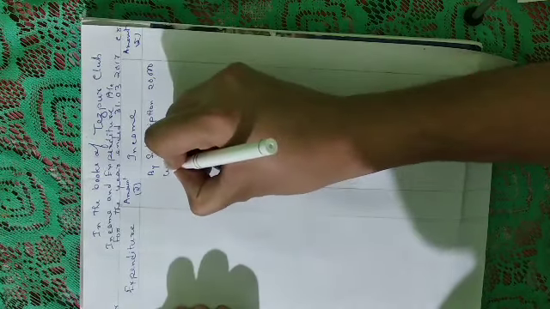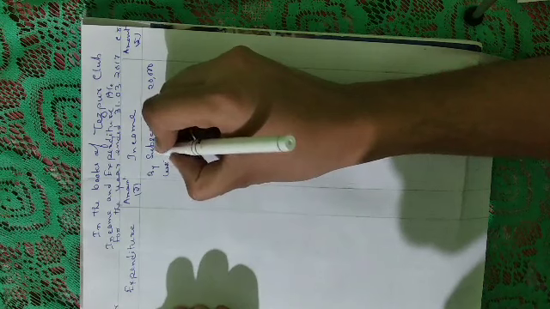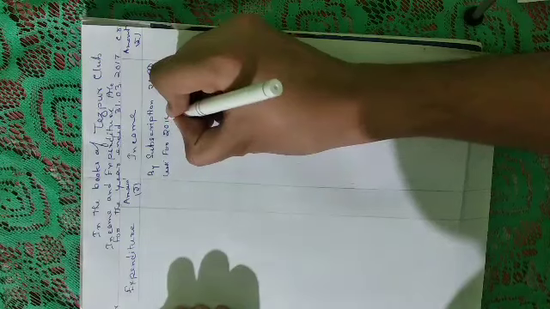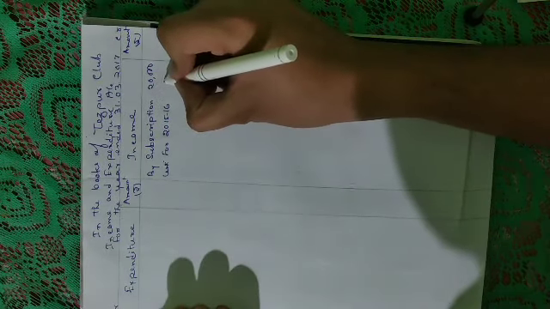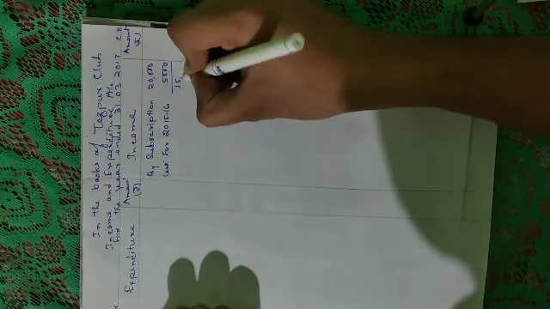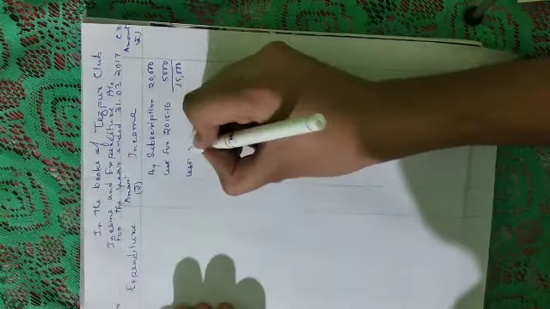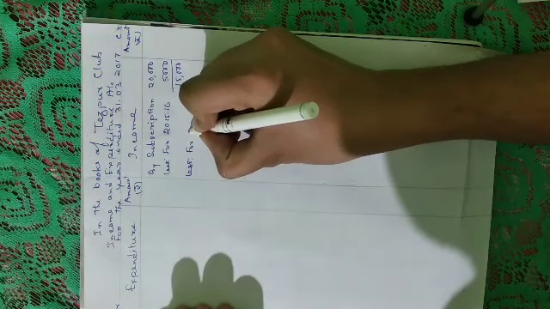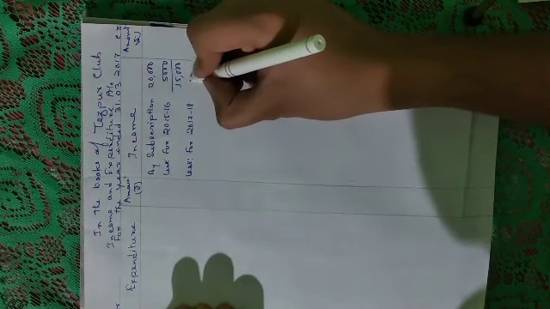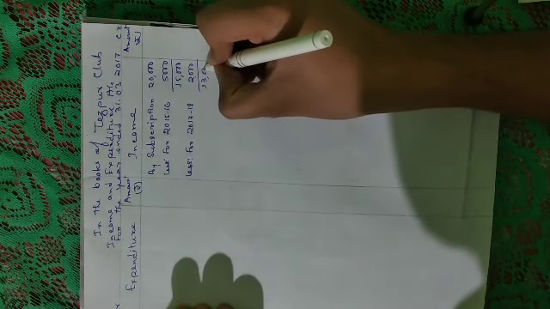At first we deduct what relates to the previous year, that is for 2015-16, rupees 5,000. Here 15,000. Next, less for 2017-18 rupees 2,000. Total is 13,000.